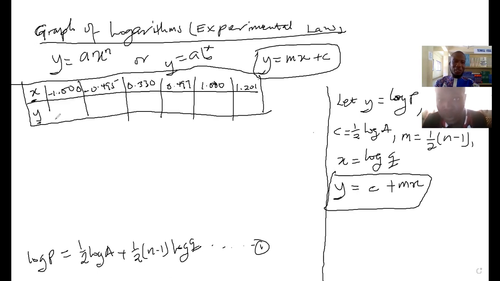Okay, so let's go to the y values. With the y values, I inputted log p squared rather than log p. Oh, okay. So let me derive the values for log p. Okay, quickly. The first one is -3.6699.